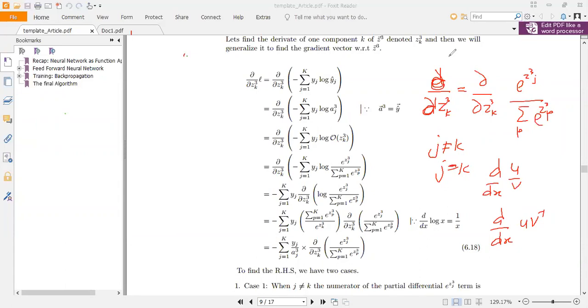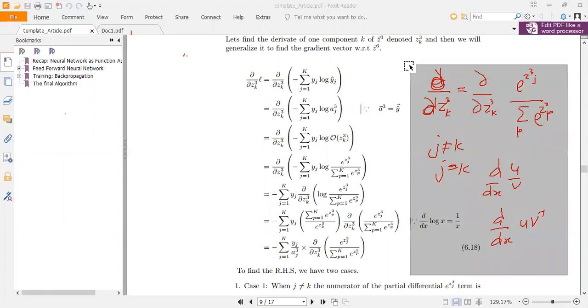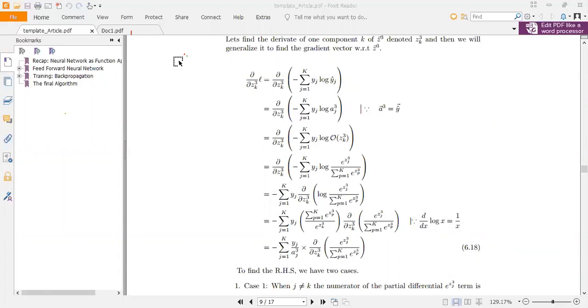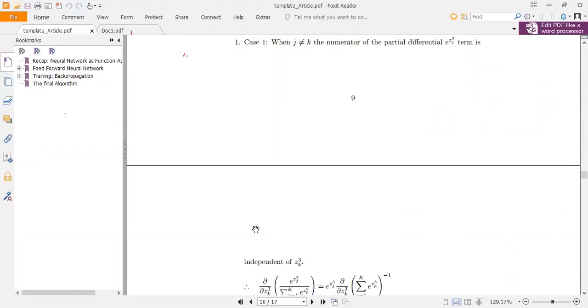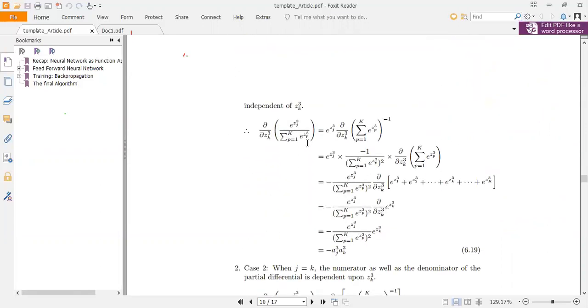So let me take the first case now, when j is not equal to k. Now when j is not equal to k, this term, as I said, will be constant, so we can pull it out. So e to the power of z3j, and then the differentiation of this whole term inverse. That is what we are going to do.